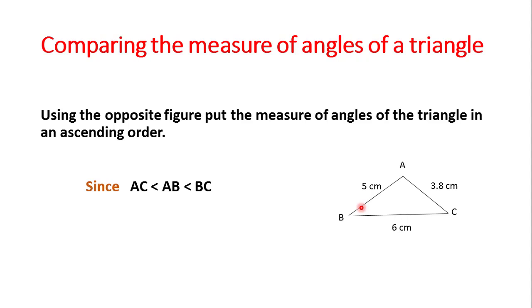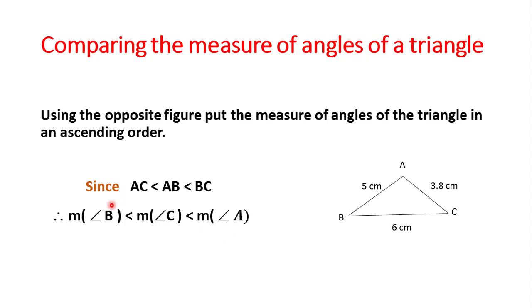The length of the side AC is less than AB and AB is less than BC. So the angle opposite to AC is angle B, the angle opposite to AB is angle C, and the angle opposite to BC is angle A. So the ascending order for angles will be measure of angle B, then measure of angle C, then measure of angle A.